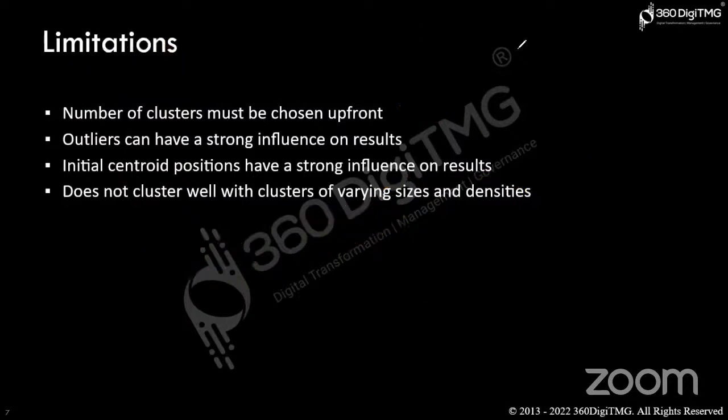Initial centroid positions have a strong influence on the result. Whenever you are changing the centroids, the change is strong for the very first one. For the next ones, you won't find much difference.